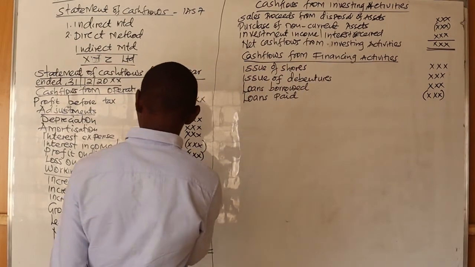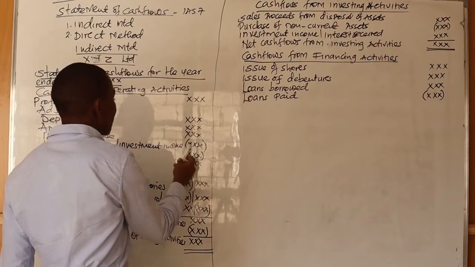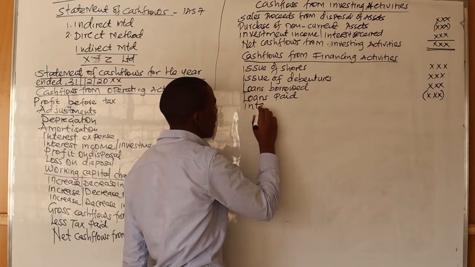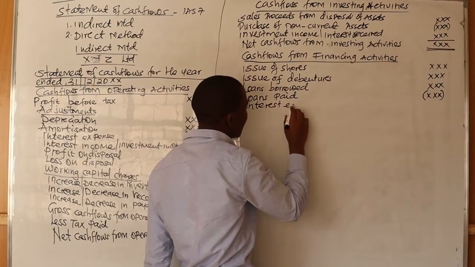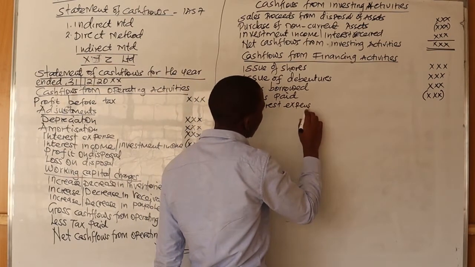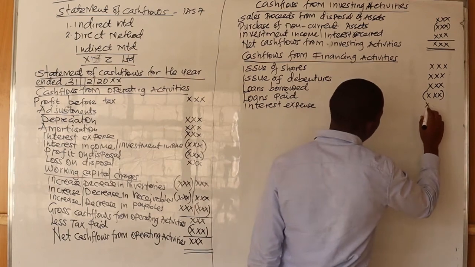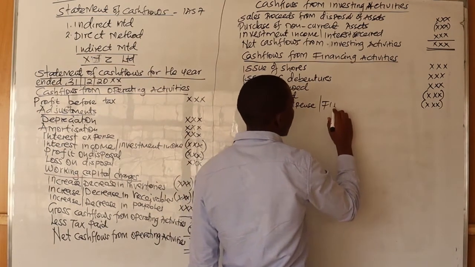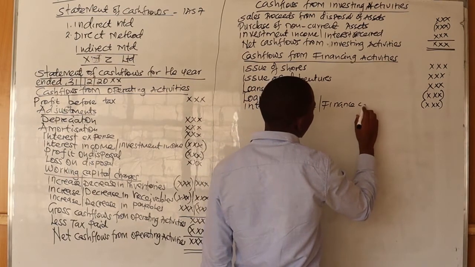Then there is this interest expense. Remember, it's an expense that will be incurred on the loans, and therefore you will also less the interest expenses from there. Remember, interest expense can also be the finance cost.